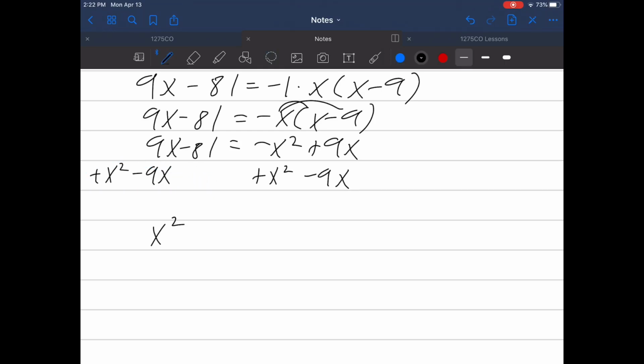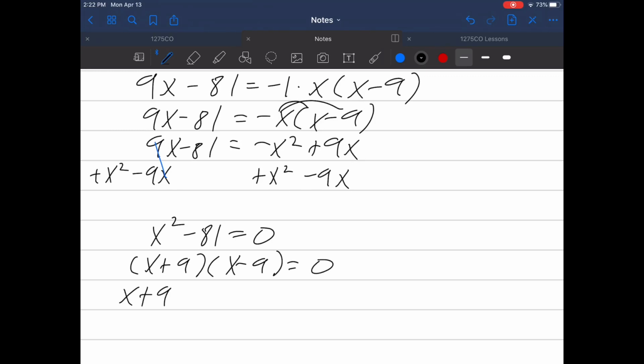If we line up our like terms, like so, this actually adds up to 0, 9x minus 9x. So we get x squared minus 81 is equal to 0, which can be solved by adding 81 to both sides and using the square root property, or it can be solved by factoring using the difference of perfect squares.